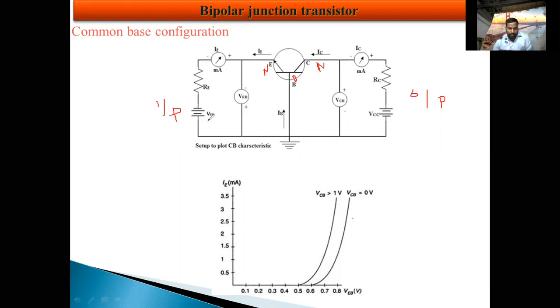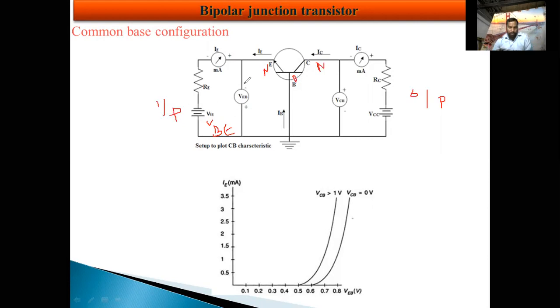VBE. Now the negative terminal of VBE is connected to the N type region through the ammeter, that is the milliammeter. Here this is the ammeter. Connecting it this way, we give the input voltage, which is the biasing voltage.